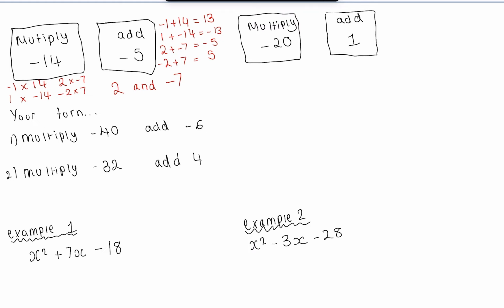Multiply to -20. So we've got -20 and 1, or 20 and -1. We could have 2 and -10, or -2 and +10. We could have 4 and -5, or -4 and 5, and that's about it.